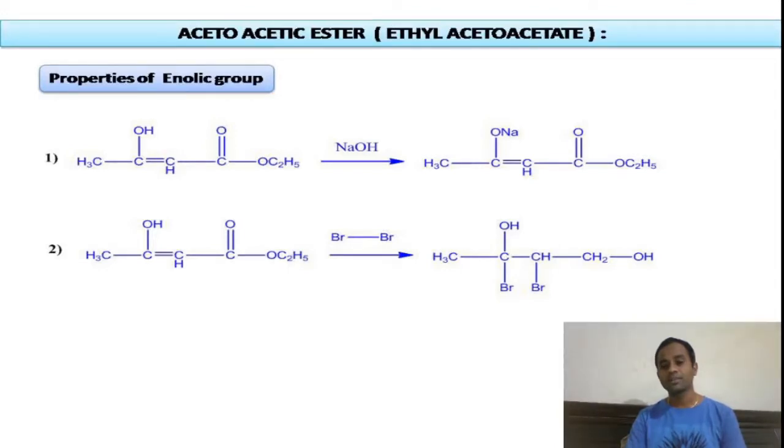Compounds containing double bonds usually undergo addition reaction with bromine, thereby decolorizing the bromine, which indicates the presence of a double bond in our organic compound. This is the test to identify double bonds in a given compound, right? Due to the presence of the double bond, bromine undergoes addition on the double bond to give the product, and the bromine color is decolorized.